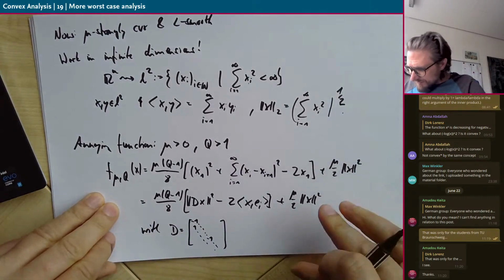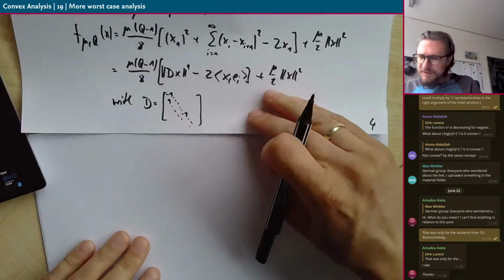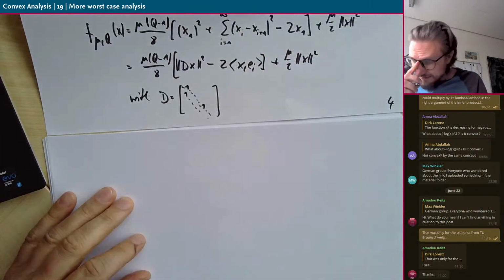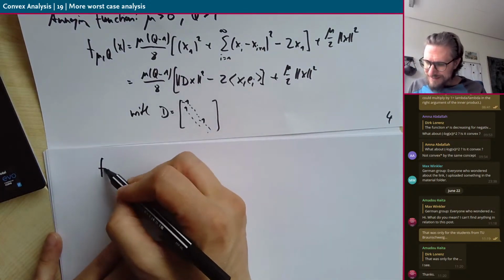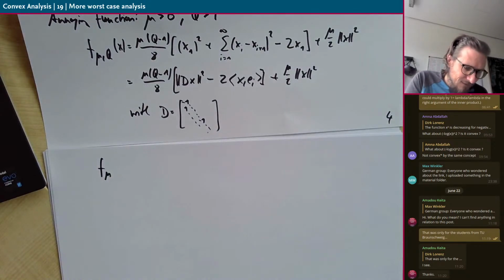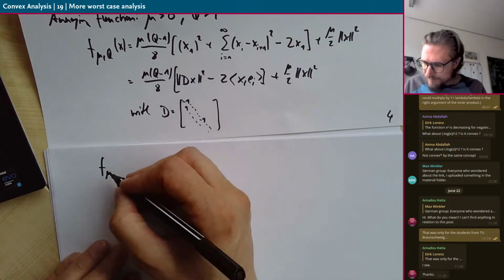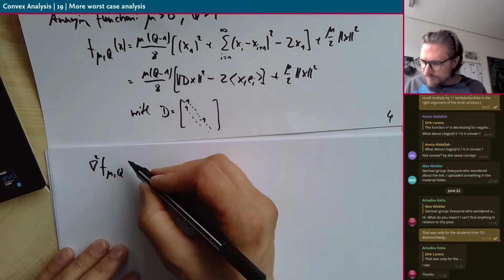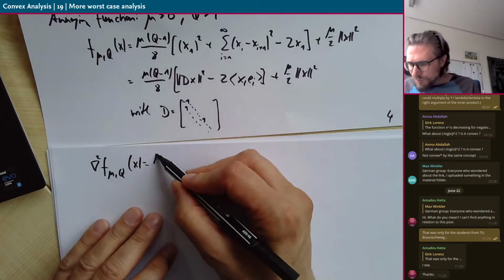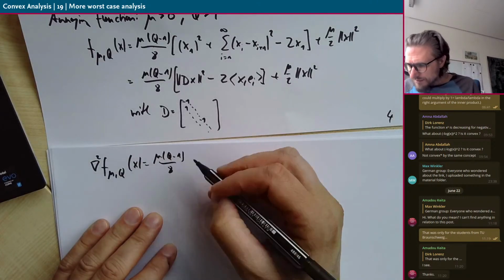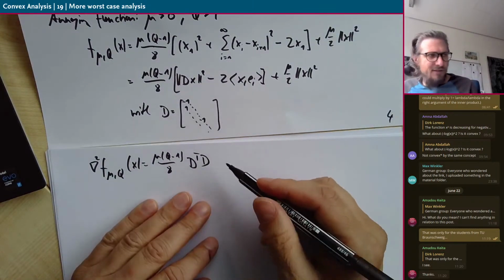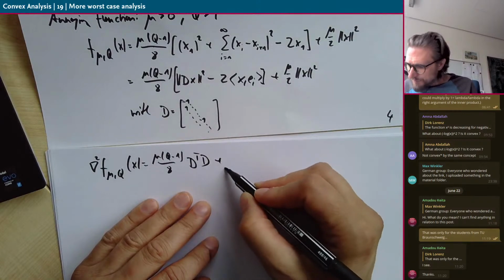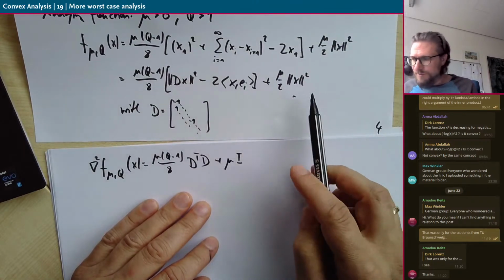So first, by the same arithmetic as for a function in finite dimensions, the second derivative of that guy is again mu times (Q minus 1) over 8 times D transpose D, with the transpose matrix here, but then still plus mu times the identity, which comes from here.